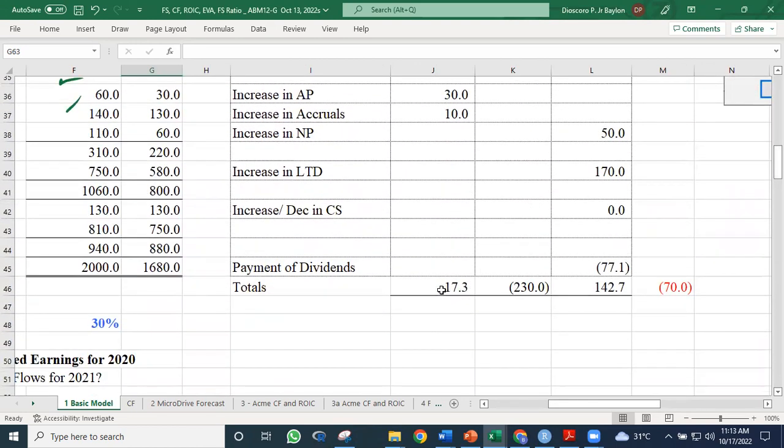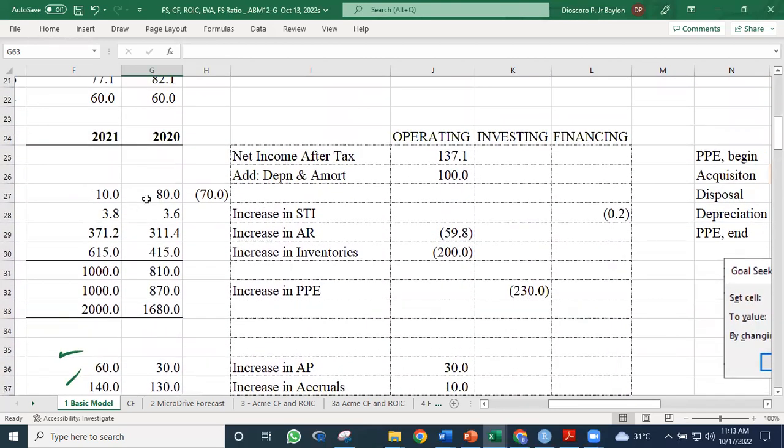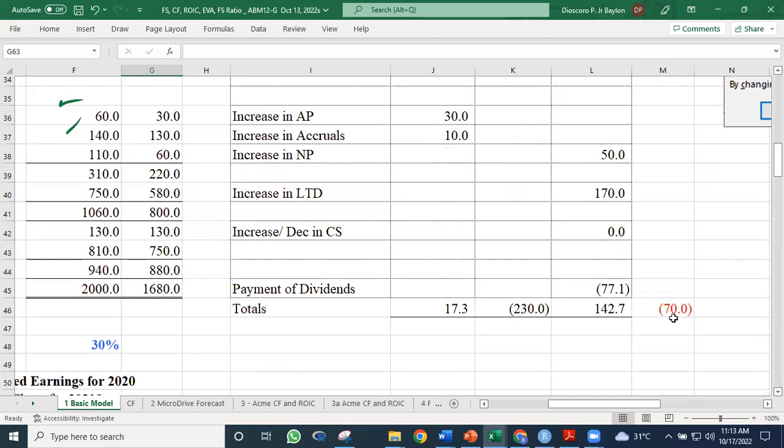The sum of all the cash flows from operating, investing, and financing should be equal to the change in your cash. Here, there was a decrease in cash of 70,000, and we were able to trace that. The 70,000 came from an increase in operating activities, a decrease in investing, 30, and an increase in financing. All in all, we have 70.